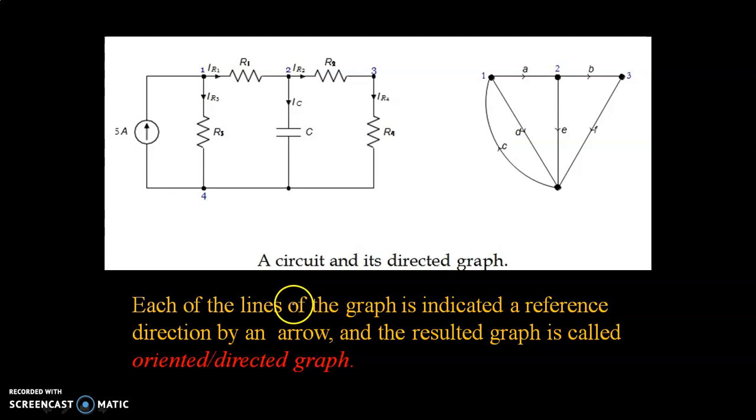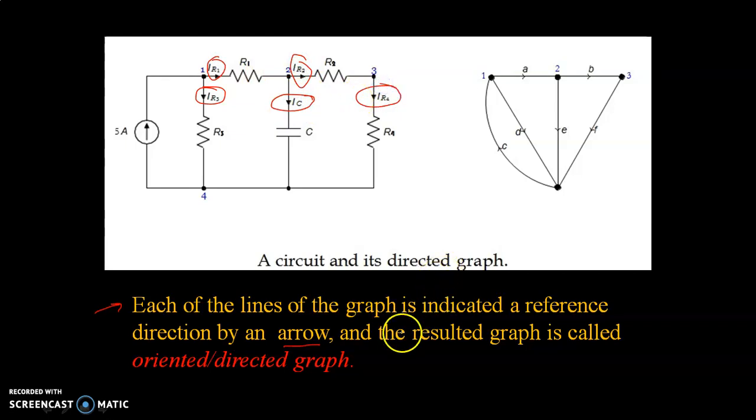From the previous diagram, this is for a circuit and its directed graph. How to draw its directed graph, we'll see it once again. The key idea is that each of the lines of the graph is indicated a reference direction by an arrow. The reference direction is given in the circuit of concern by an arrow. Look at this, it is given to you by an arrow.